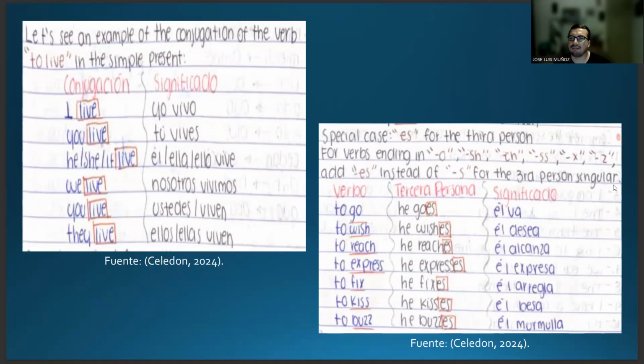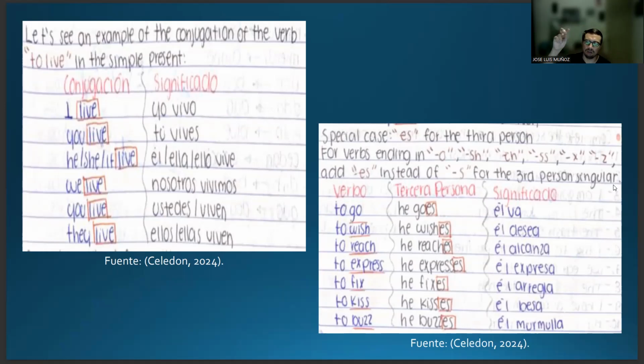In the case of the third person, you add O, SH, CH, double S, X, Z, or ES, or S instead. It depends if there is a vowel before the word, or you add ES.